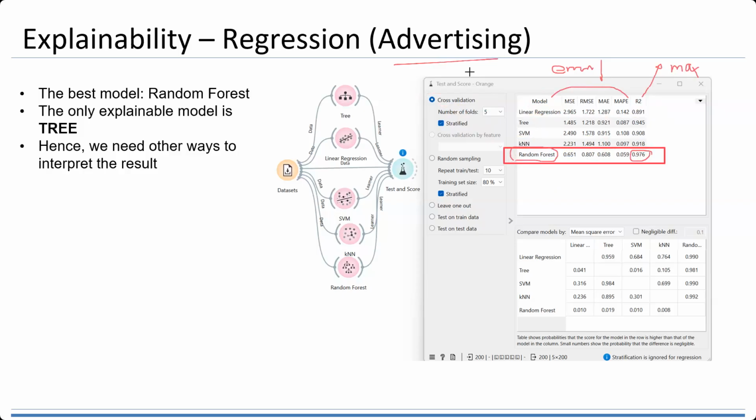Now, the question is how to explain random forest. If you use the decision tree, we can show the tree. However, if you use a different model, there will be a different way to explain the model. Some models are too complex and not easy to explain.